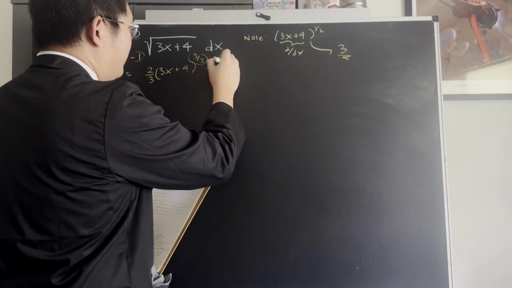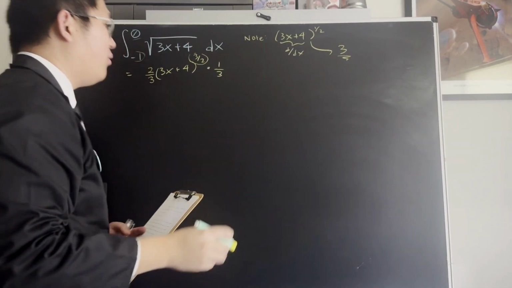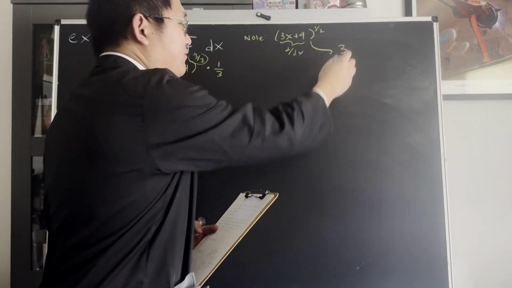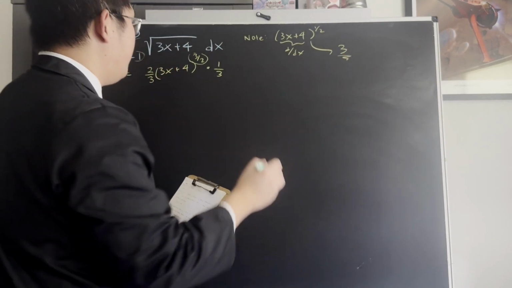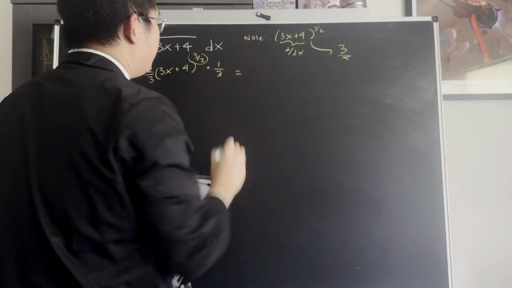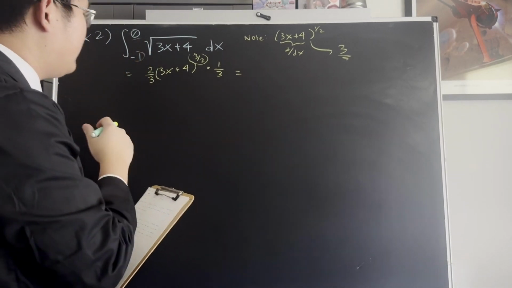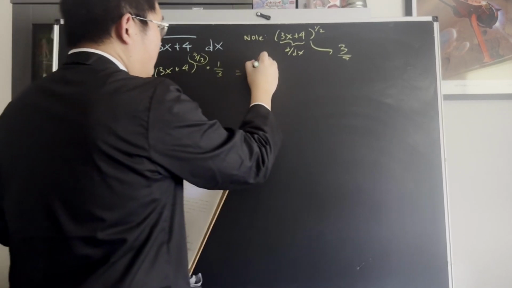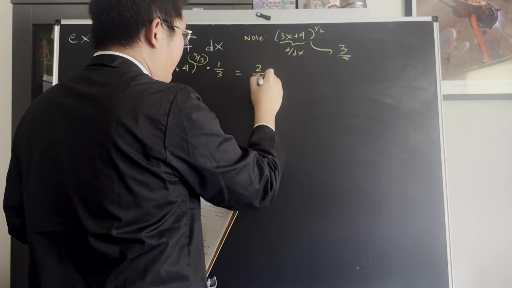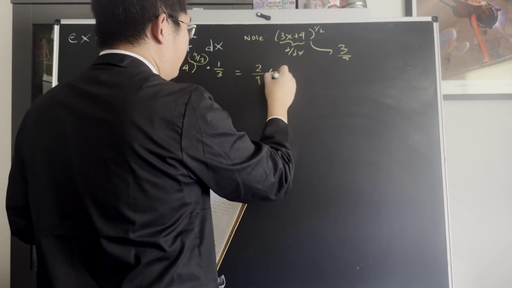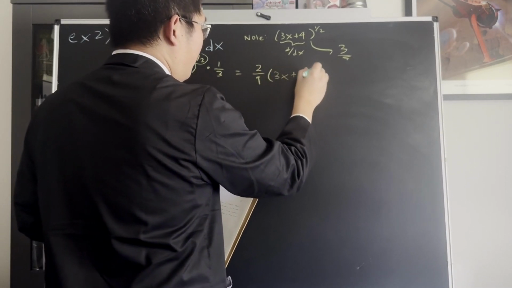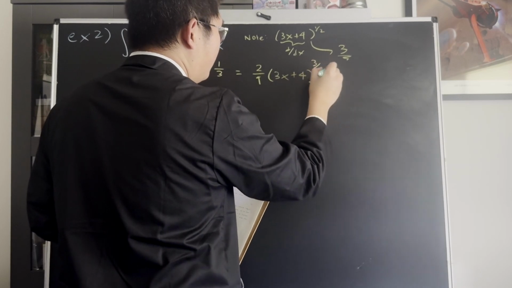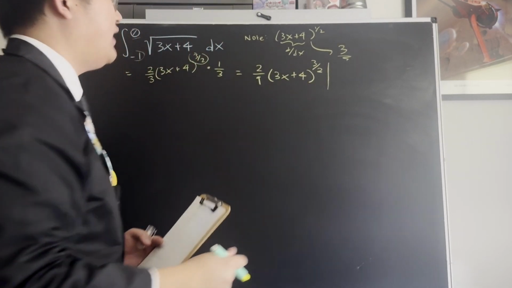Because of that, we need to multiply another 1/3 to counteract that 3 coming out. So why don't we clean this up so we can make sure we have everything in order. Our new coefficient will be 2/9 this time, of 3x plus 4 all raised to the 3/2 power, and then we will evaluate the limits.